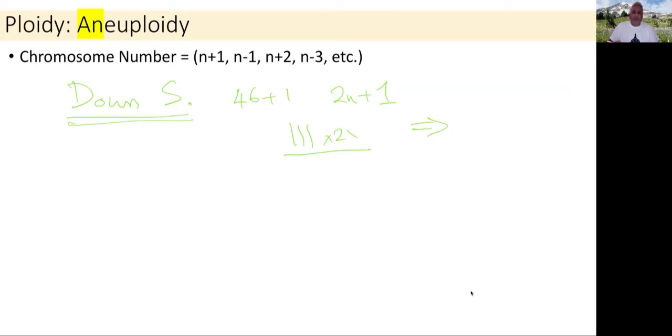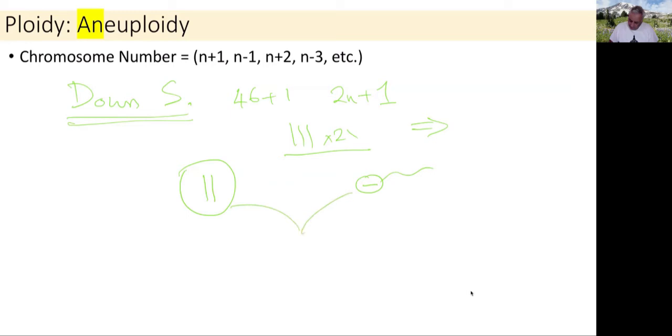So let's look at how this system pans out. So you could have an egg of a mother and the sperm of a father, and one of these two will carry an abnormal number of chromosome 21s. So maybe the sperm is carrying 1 copy and the egg is carrying 2 copies of chromosome 21, plus all the other chromosomes in their haploid concentrations.